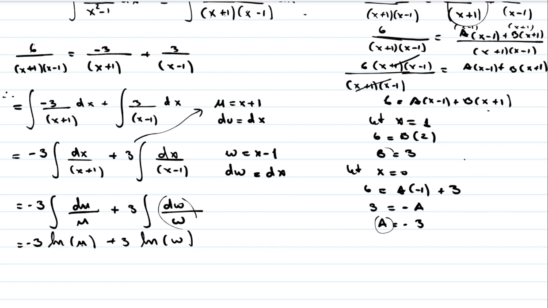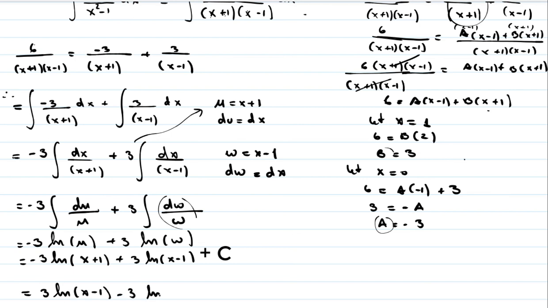But this function is just in terms of u and in terms of w, and our original function was in terms of x, so this is going to become minus 3 natural log of, what is our u, x plus 1, plus 3 natural log of x minus 1. So this is our result, but then we can just rearrange it to make 3 natural log of x minus 1 minus 3 natural log of x plus 1, and this is our result. Now I can take this 3 common, but this doesn't change anything in our case. So this is how we solve using integration by partial fractions.